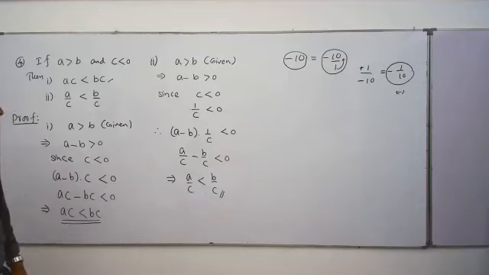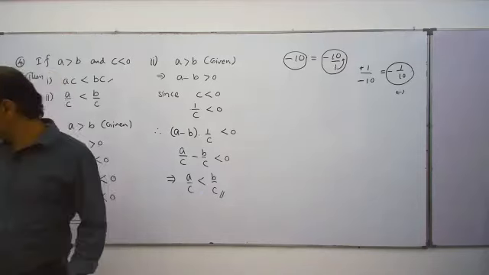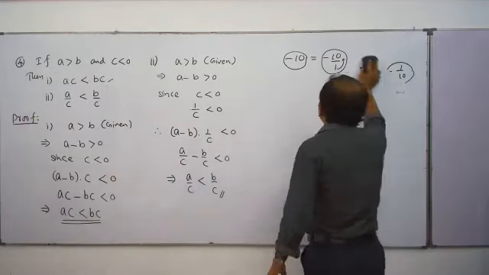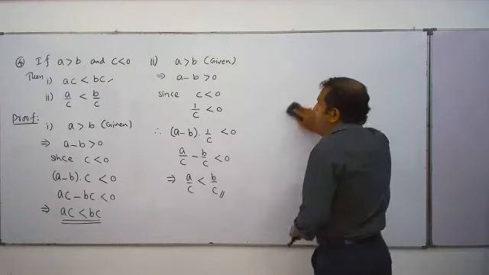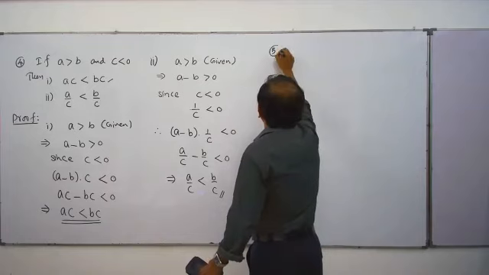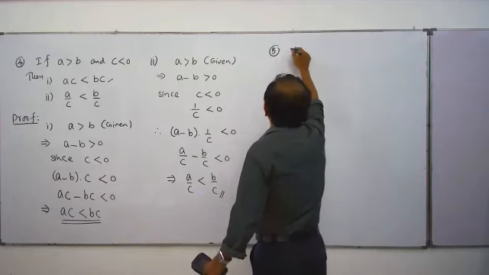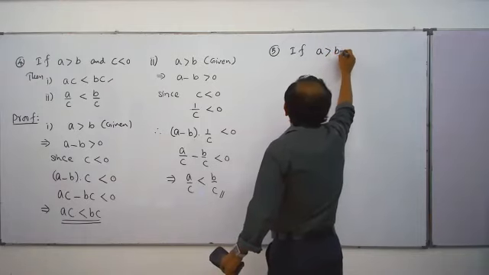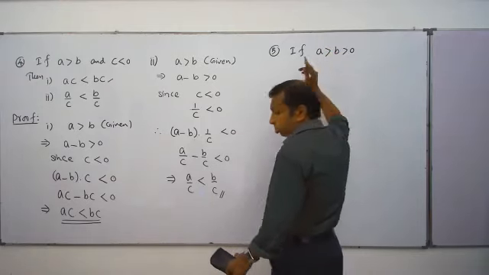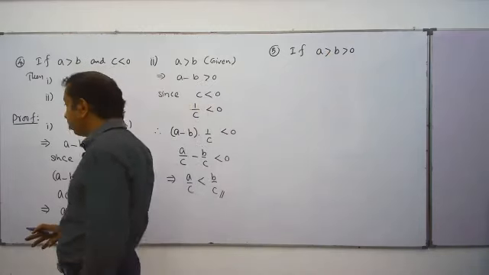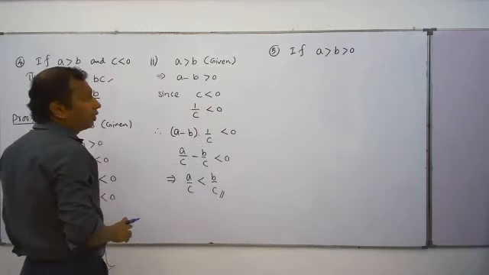Right, fifth one, next one. Number 5. This is the number 5. If a greater than b greater than 0. A and b are positive values with a greater than b.